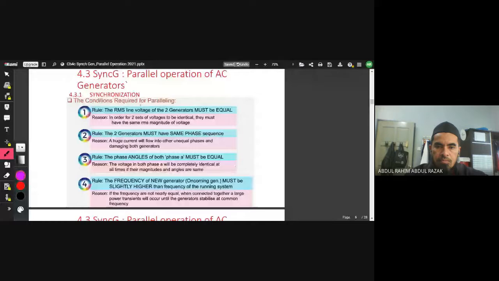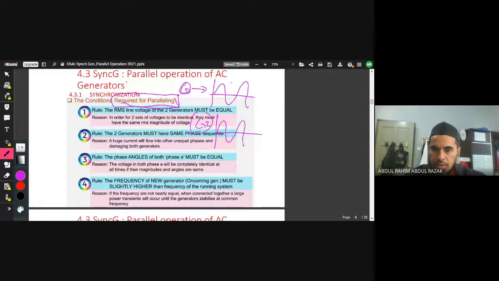Okay, synchronization. The conditions we have to comply with before we parallel the generators. Required for paralleling. If we have this generator, let's say G1, the curve maybe like this, and we have G2, so the curve also should be the same as G1.